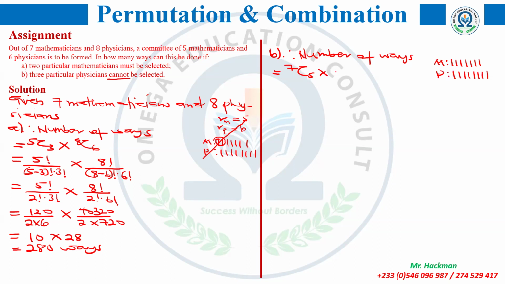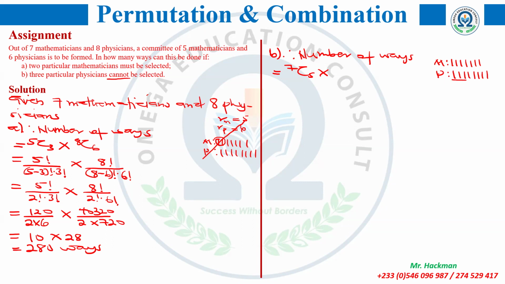Then times, now let's see. With this one, we said 3 particular, so assuming these 3 cannot be selected, this is what we have. Am I right? Hello, is my point well made?